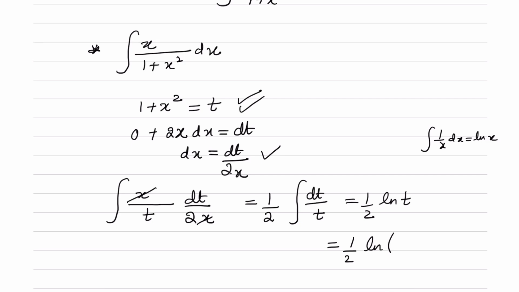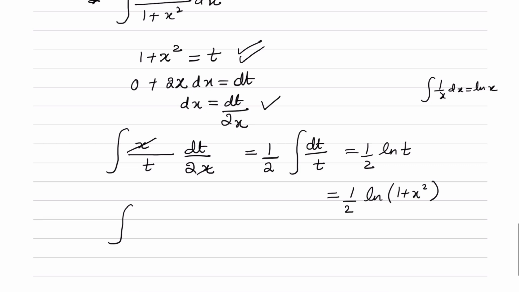So the value of t here is 1 plus x square. See that the integral of x over 1 plus x square dx is equal to 1 over 2 ln(1 plus x square).